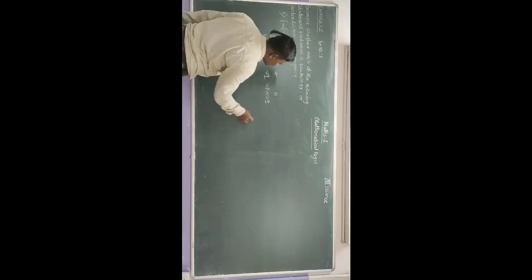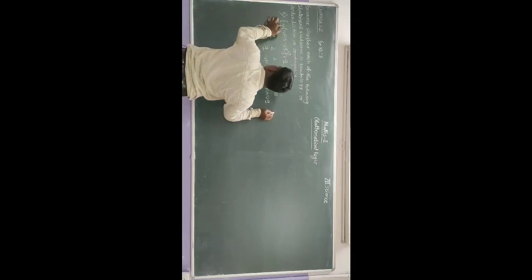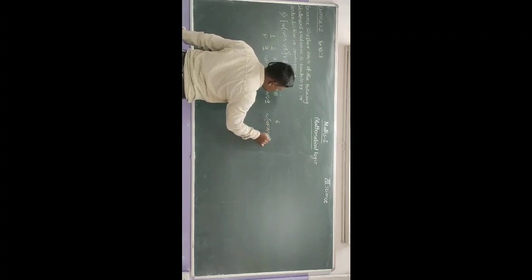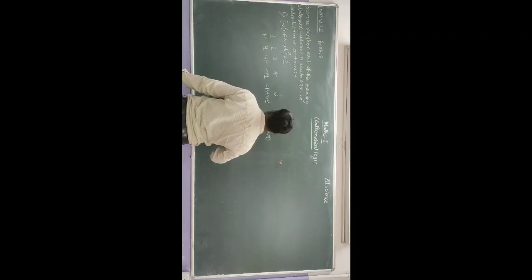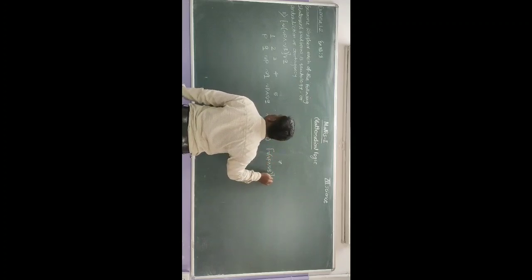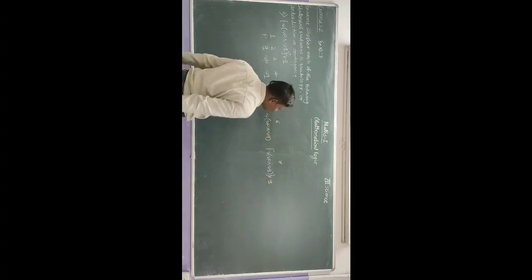Column 6 is its negation, ~(~P ∧ ~Q), and lastly the last column is ~(~P ∧ ~Q) ∨ Q.